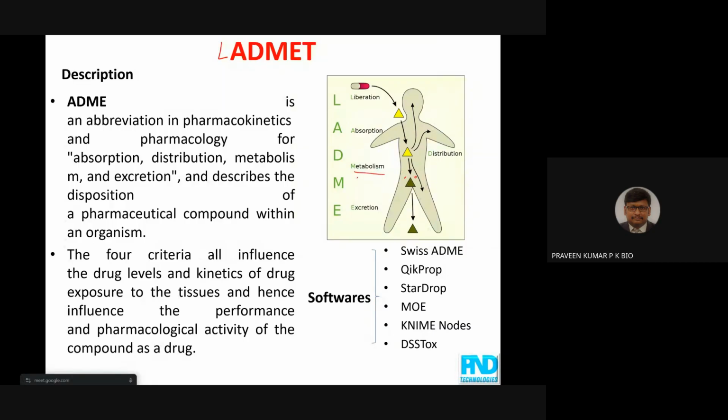Metabolism is generally happening in the liver. The liver is the second largest organ in our human body, which comprises the maximum amount of enzymes. We find maximum enzymes in the liver, like the cytochrome P450 enzymes.